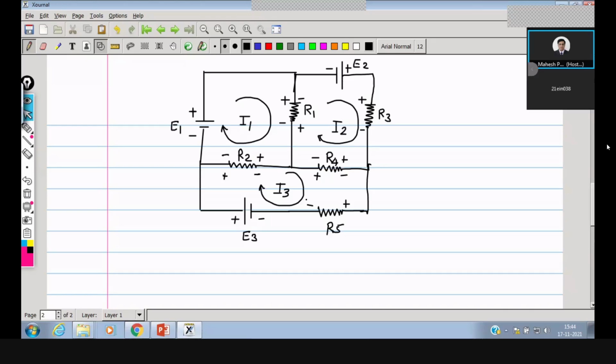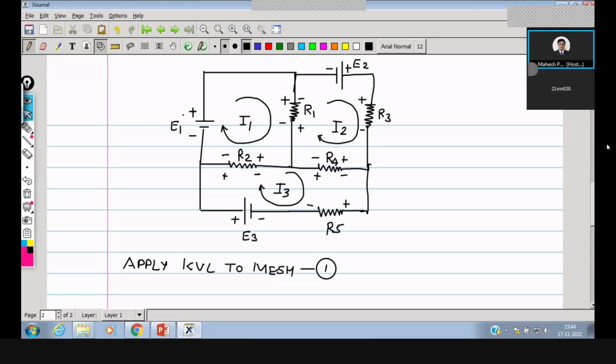Fine. Okay. So first of all, let us apply KVL to mesh 1. Okay, fine. So this is mesh 1. How many different terms are we going to write?